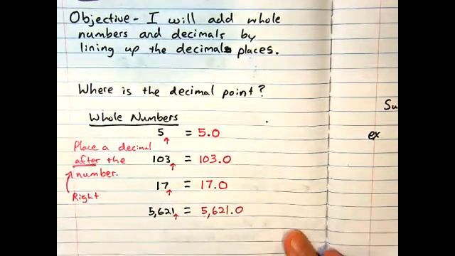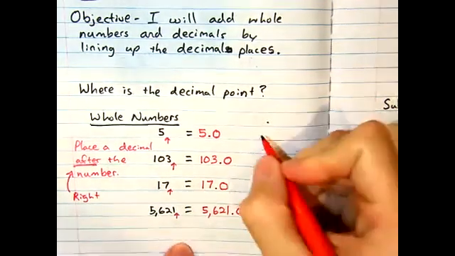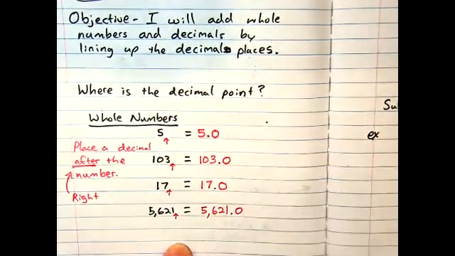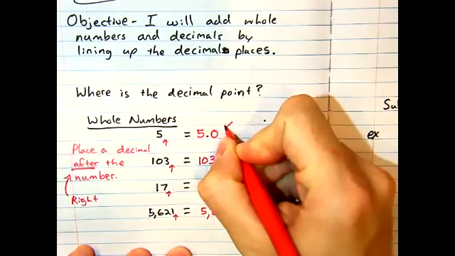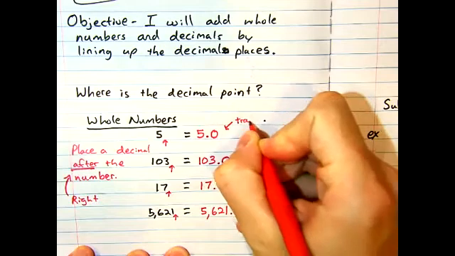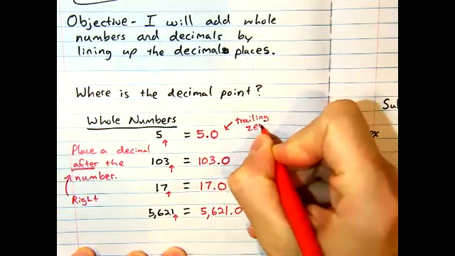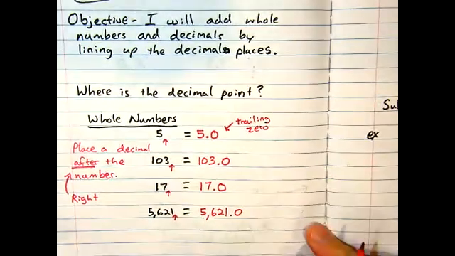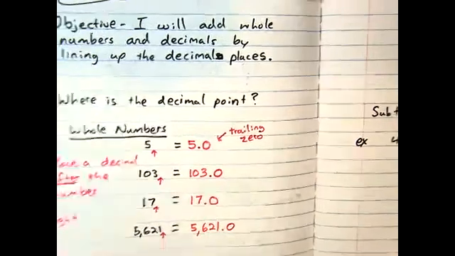So the first step with adding these whole numbers is we have to put in a decimal and a trailing 0. You'll hear me refer to this as the trailing 0 because it comes after. And this will help us visually line up the decimal with another decimal.